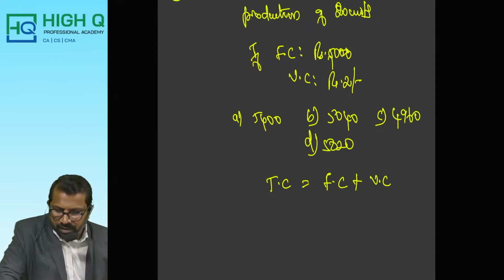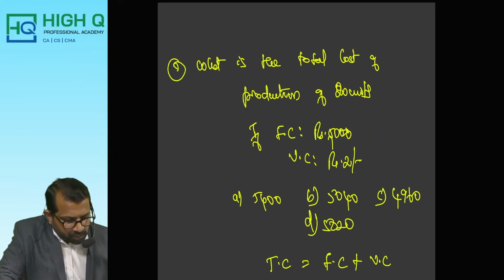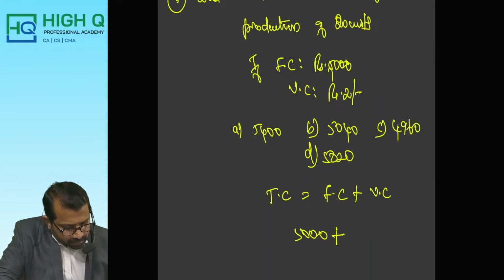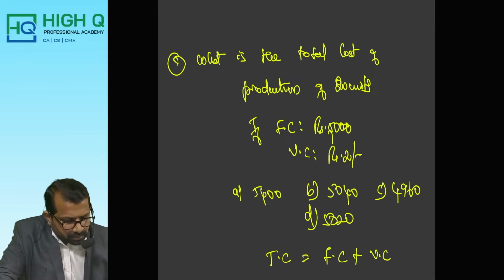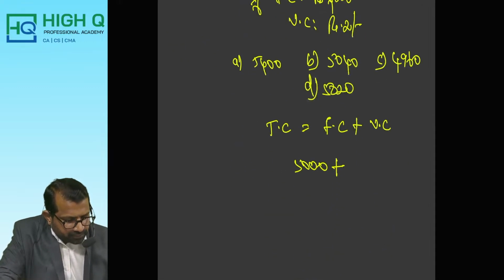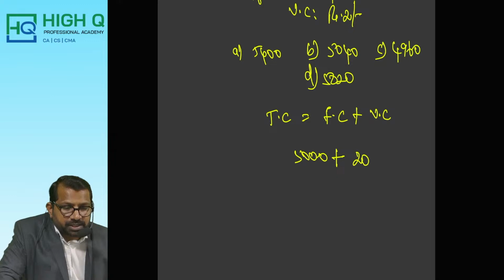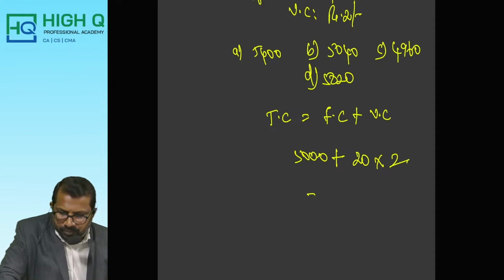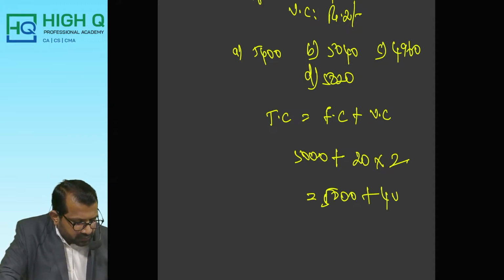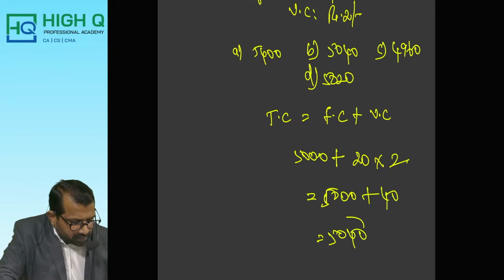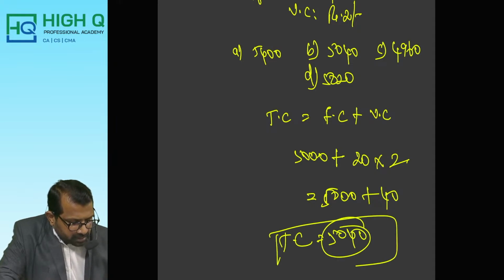They have given fixed cost 5,000 plus 20 units of production, with variable cost rupees 2 per unit. So the answer is 5,000 plus 40, which is 5,040, the total cost.